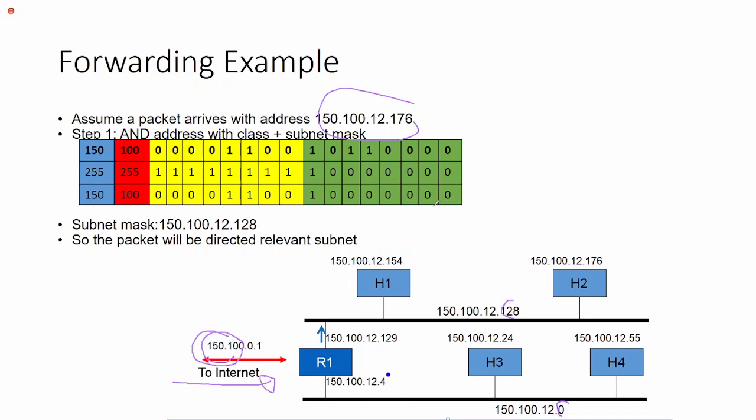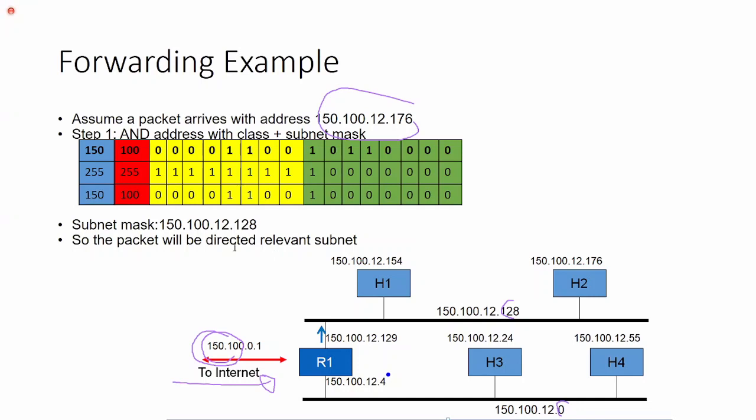Then you will get 150.100.12.128, right? So this network ID you will get as the final. It's a small correction here.